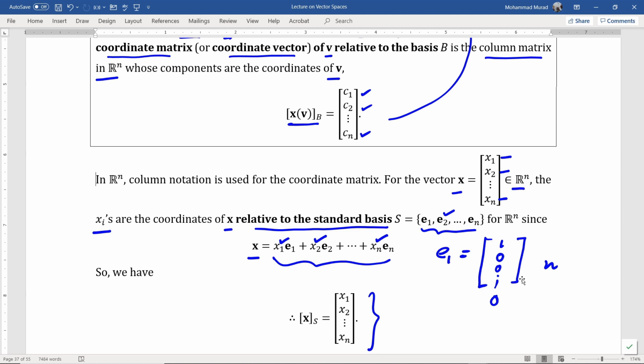In this case, the vector x and the coordinate matrix corresponding to the vector with respect to the standard basis are exactly the same. This would not always be the case. We will see some examples shortly.